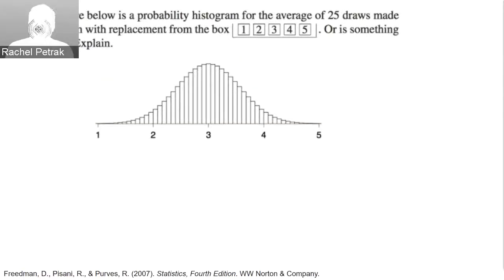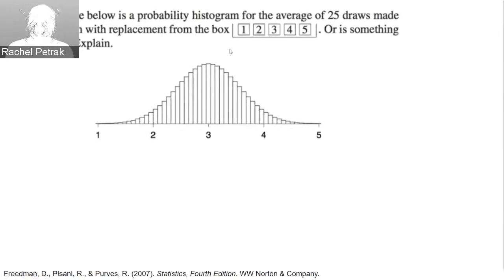The figure below is a probability histogram for the average of 25 draws made at random with replacement from the box 1, 2, 3, 4, 5. Or is it? Is something wrong? Well, how would we know if something was wrong? First thing we could do is think about what is the standard error and average of this box.